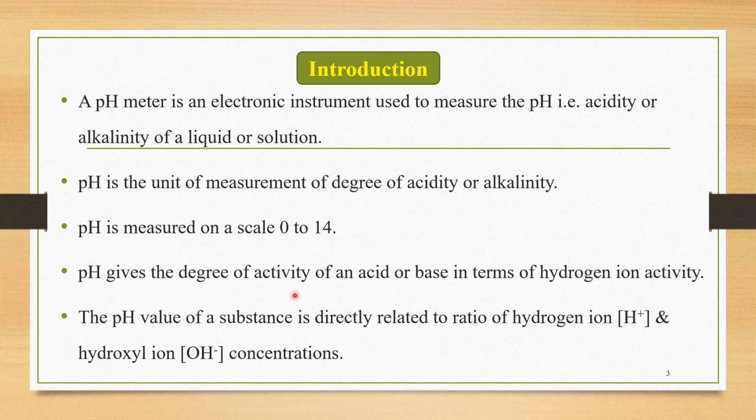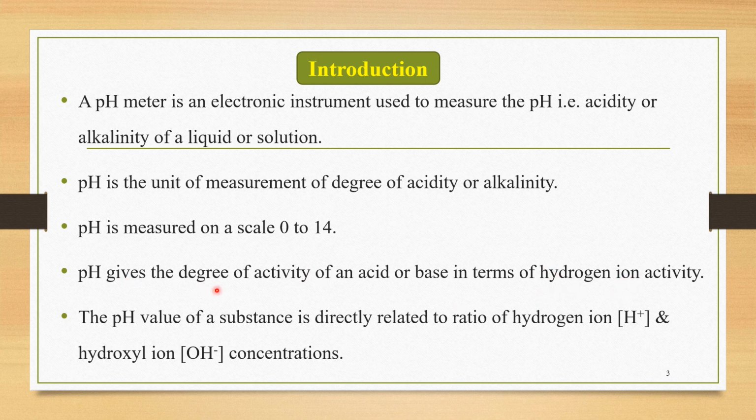pH gives the degree of activity of an acid or base in terms of hydrogen ion activity. As far as the pH value is considered, it gives us an idea regarding the degree of activity. It may be for an acid or for a base, and this degree of activity can be given in terms of the hydrogen ion activity.